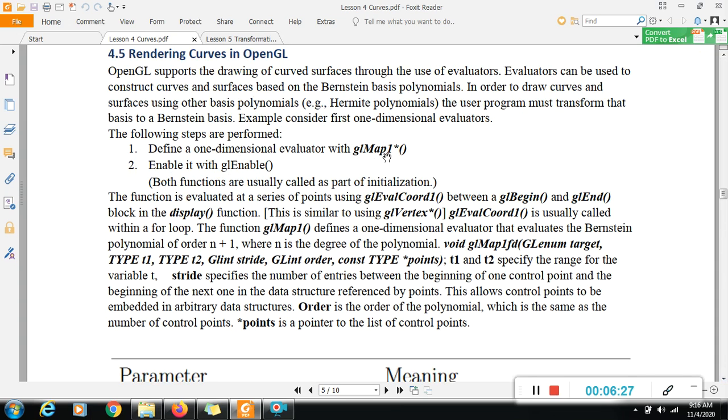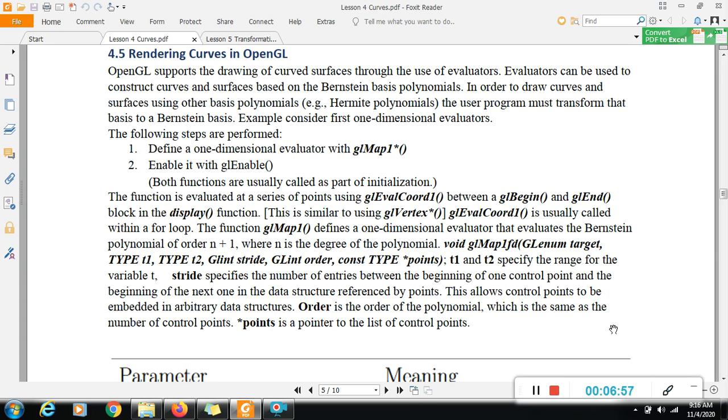glMap1 is one of the functions, but all these you do, as you're going to discover, between glBegin and glEnd, and use the display functions within that. Of course, you're going to have loops designed in the same manner you do them in C or C++. You are going to define the vertices, evaluate the coordinates, and you're going to have other attributes like t1 and t2, which specify the range of the variable.